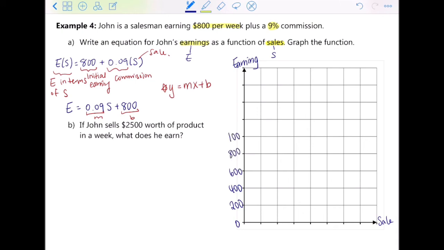You're still going to get the same graph, but it might just look a little steeper or not. So don't worry too much if it doesn't look exactly like mine. All right, and for sale, I'm going to go up by 500. So 1,000 here, 1,500.